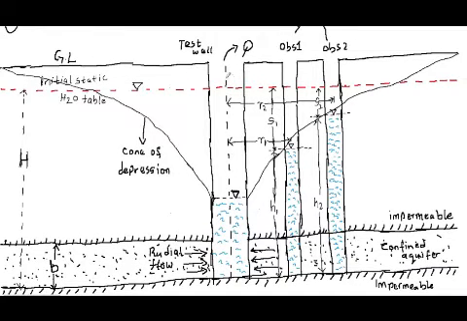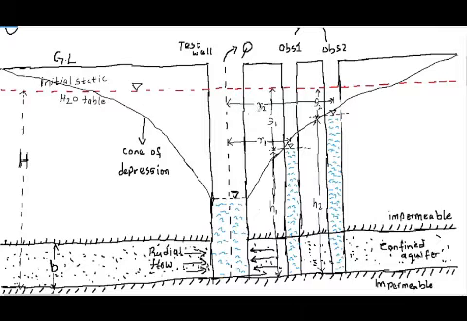As water is being withdrawn from the test well, it results in the formation of a cone of depression. So R, which is the radius of influence, is the maximum distance from the test well at which the effect of pumping is felt.